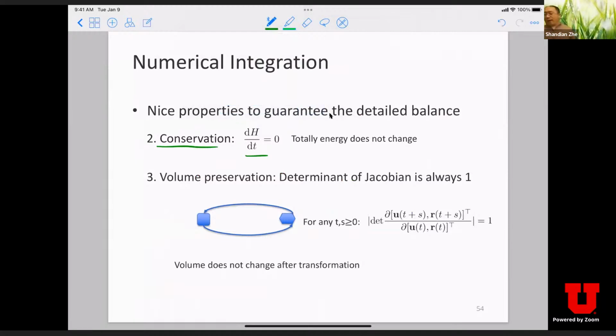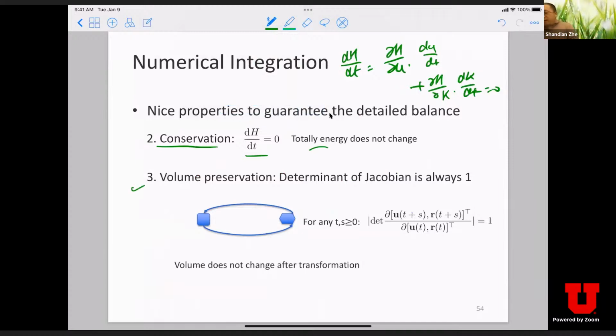You can show this by looking at the rule. dH over dt is equal to partial H over partial U times dU over dt plus partial H over partial K times dK over dt, and they will give you exactly 0. So that's a very nice property, and actually, the energy conservation will guarantee you an acceptance probability of 1.